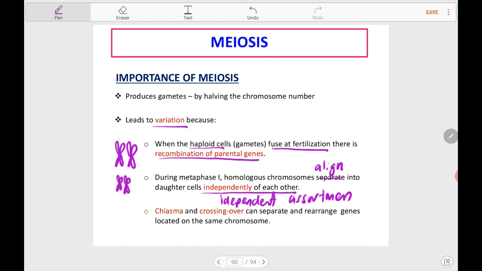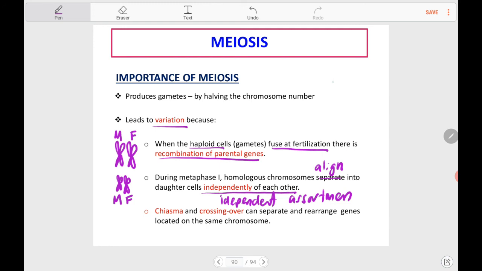Katakan first pair ini sebelah kiri kromosom dia datang daripada mak, sebelah kanan datang daripada bapa. Yang pasangan di bawah ni pula, sebelah kiri datang pun daripada emak, sebelah kanan pun datang daripada bapa. So ni first possibility.